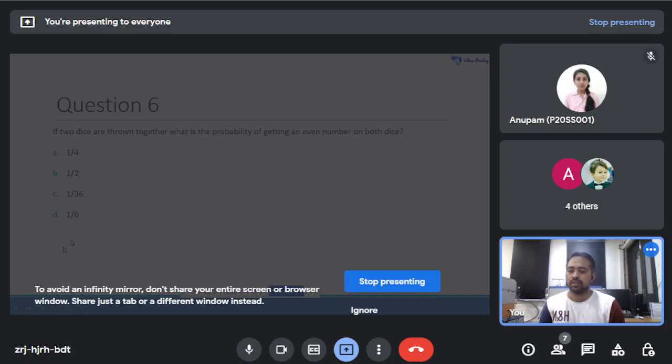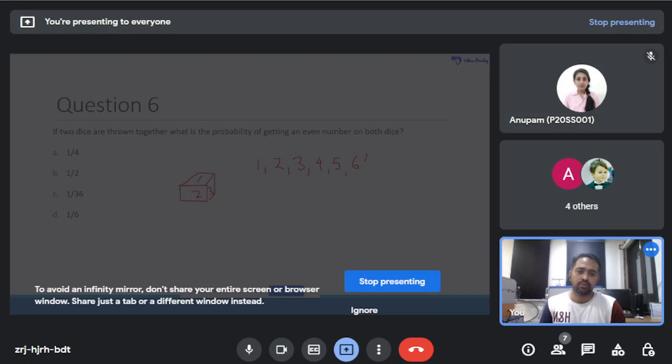Question 6. So it is saying there are two dice, okay? And every dice has 6 faces. Let's just put numbers here, 1, 2, 3, like that. So we have how many numbers? 1, 2, 3, 4, 5, and 6.